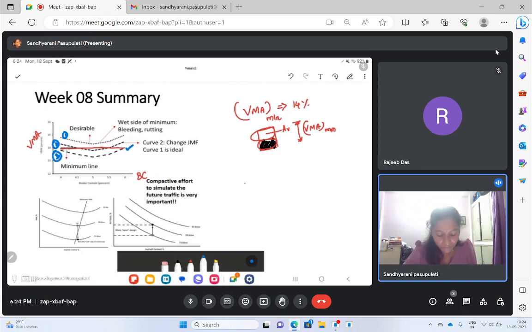Out of the three VMA curves, curve 1 satisfies the VMA minimum. If the VMA minimum is this and your curve is like this, at all the binder contents you can see that VMA is above the VMA minimum. That means it is satisfying the criteria.